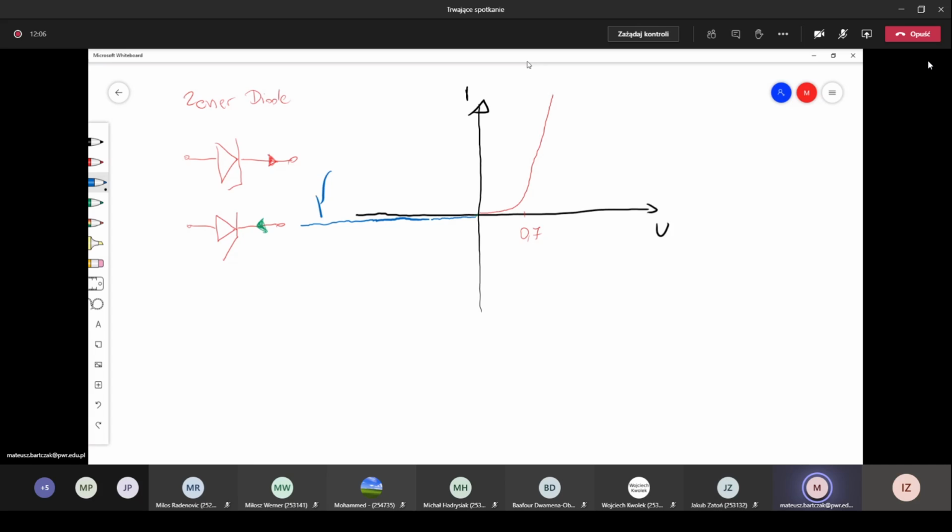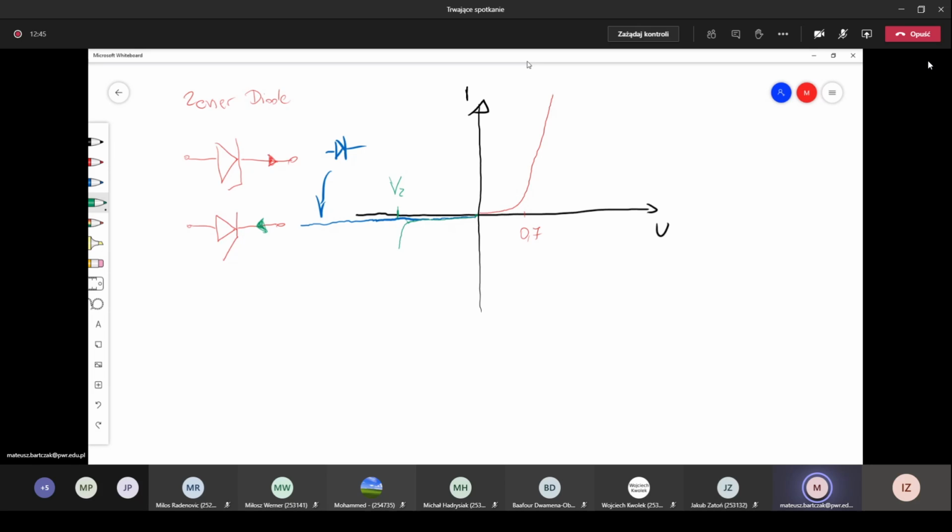So here we have this blue one is for the normal diode. The normal diode will block the reverse current flow. But the Zener diode has the Zener voltage point. So we have the Zener voltage, and this Zener diode will of course block the current flow until we reach the Zener voltage.